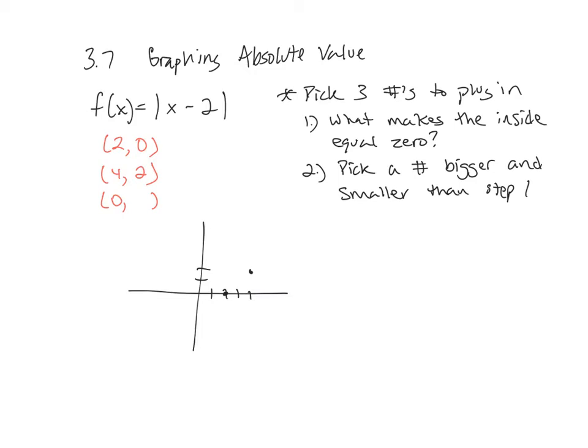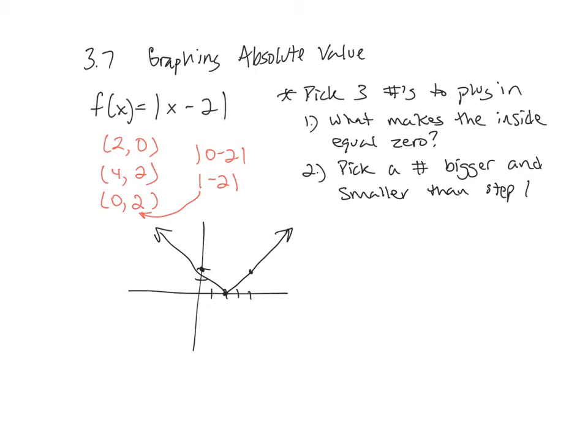When you plug in 0, 0 minus 2 is negative 2, but the absolute value makes it positive 2. So if I plug in 0 minus 2, I get negative 2, and the absolute value makes it positive 2. Alright, sorry about that. I know I made a mistake because our graph has to look like a V.